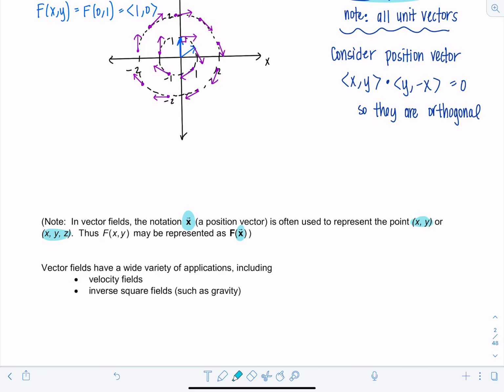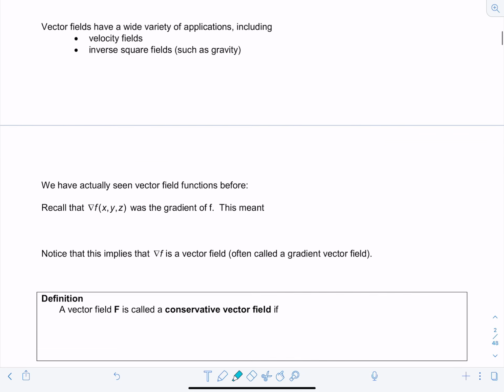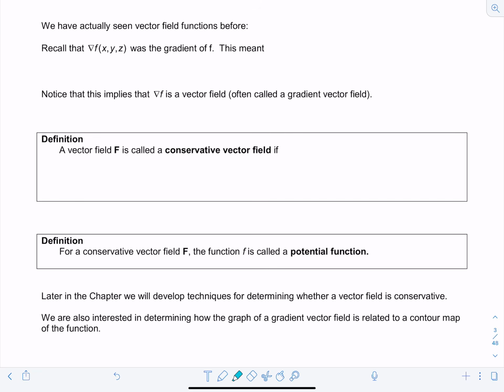And we actually have seen vector field functions before. You just didn't know it. Remember the gradient of f of x, y, z, which we denoted with that delta, was the gradient of f.